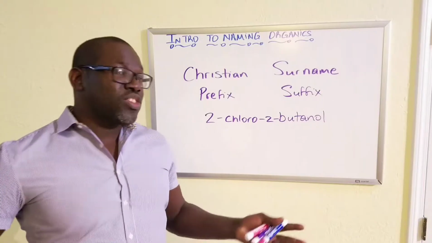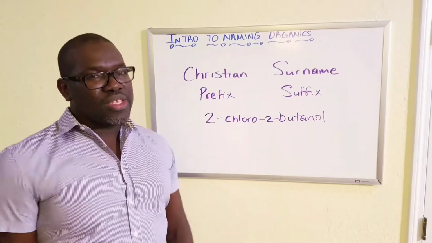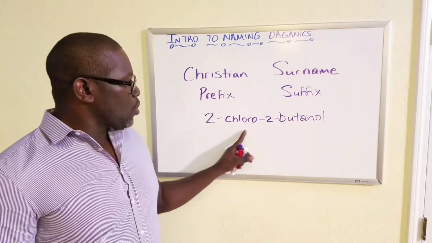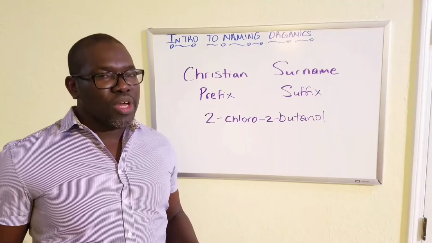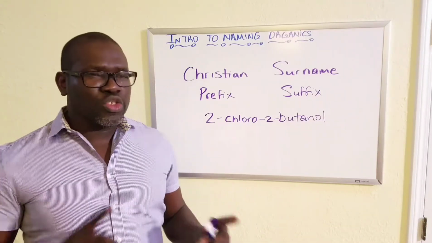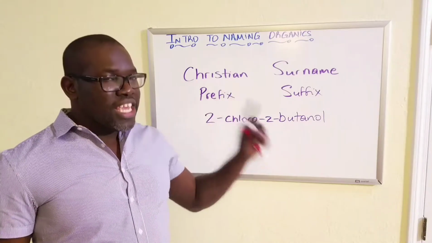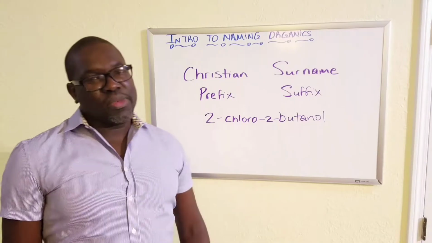Now, the prefix just tells you all the other things present on this organic compound. See, 2-chloro, which tells you that there is a chlorine group somewhere on the molecule. I'm not going to get into the naming of this species right now, just to show you that each compound has a surname and a Christian name, so to speak.